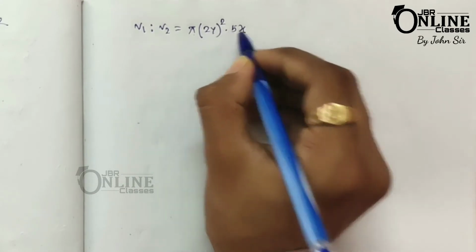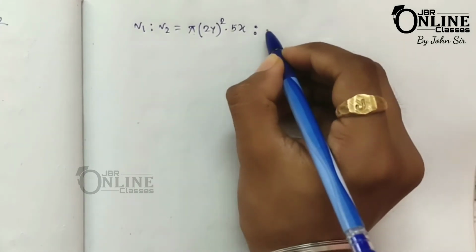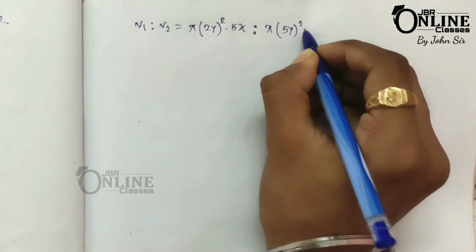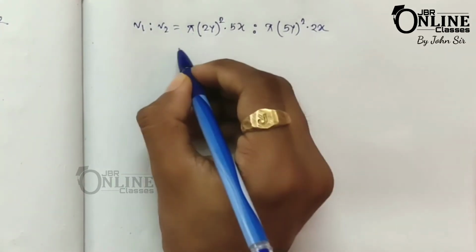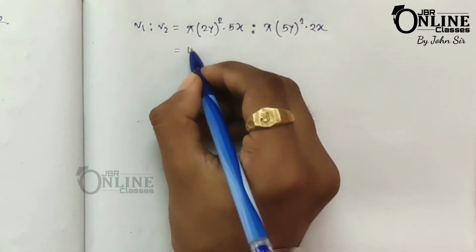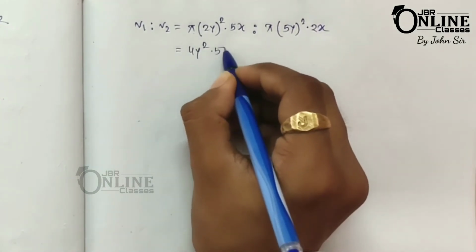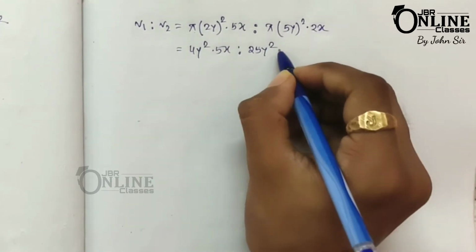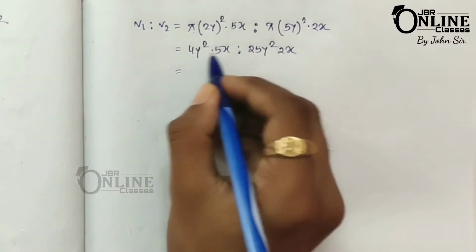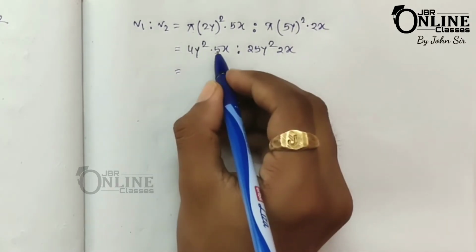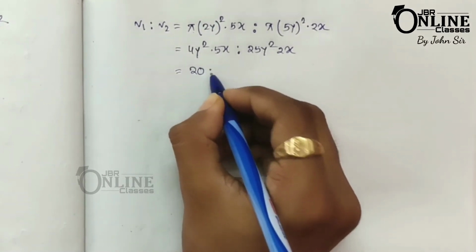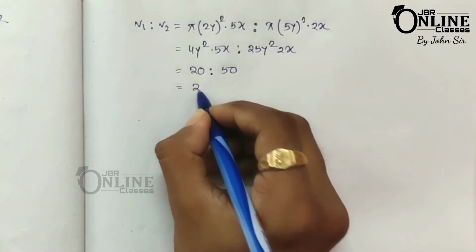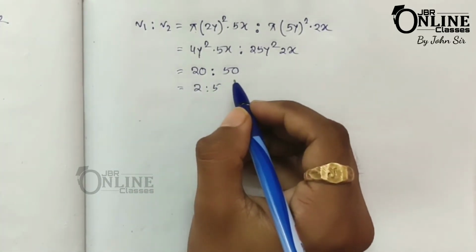Then is to, the second one pi, here R2 equal to 5y whole square and h equal to 2x. So pi cancels out, here 4y square into 5x, and here 25y square into 2x. Now x and y square will be cancelled out. So here 5 into 4 is 20, and here 25 into 2 equals 50. So here 2:5. So 2:5 is the final answer.